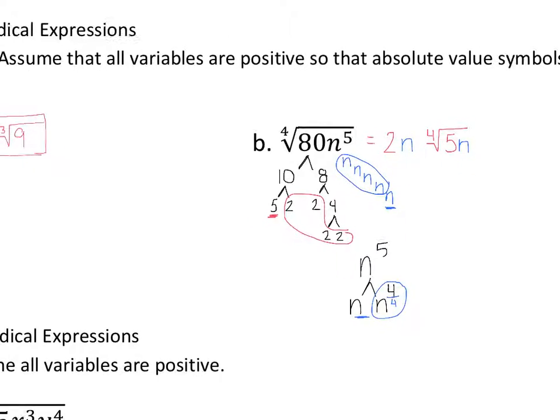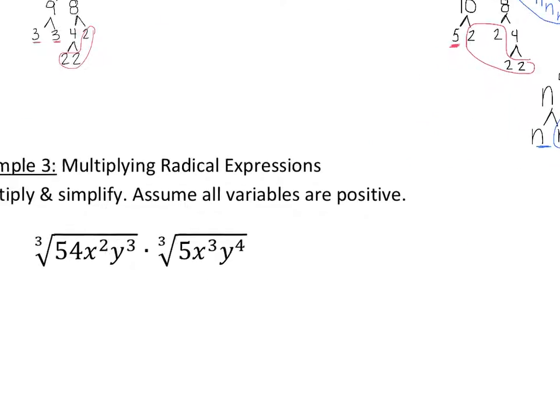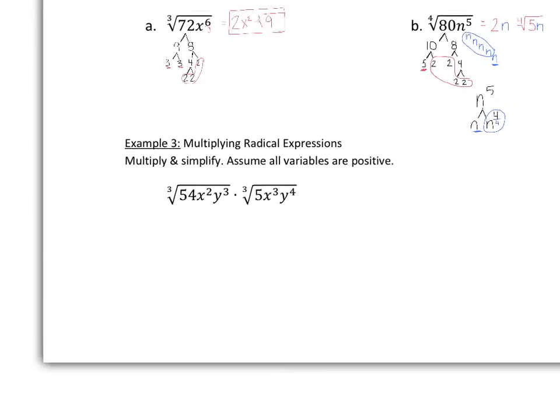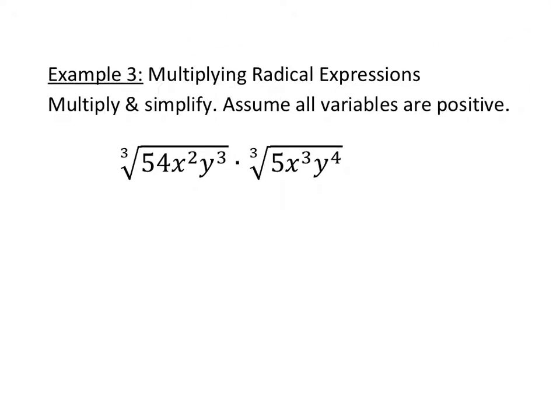Any questions on those? No? We get a little more complicated with example 3. We have to multiply and simplify. Again, we're assuming all variables are positive, so no absolute value is needed. How do you want to deal with it?